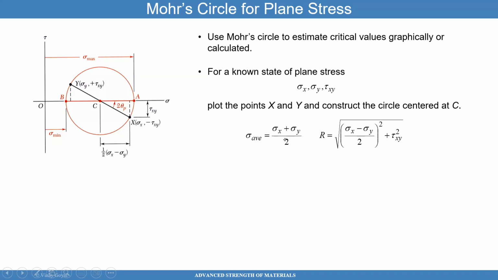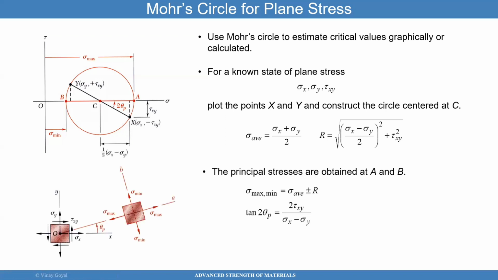That tells you where it gets centered, while this one tells you the radius of the circle. You draw that circle, and where the intersections happen, that's going to be the principal stress, sigma min and sigma max. The angle between xy and the x-axis tells you the angle at which the principal stress occurs times 2.